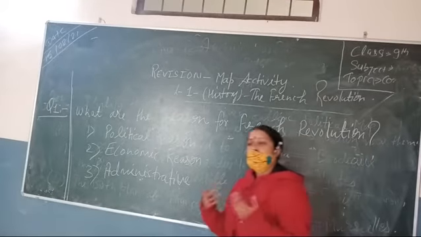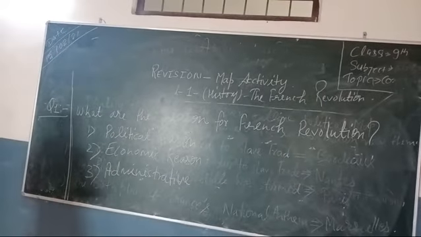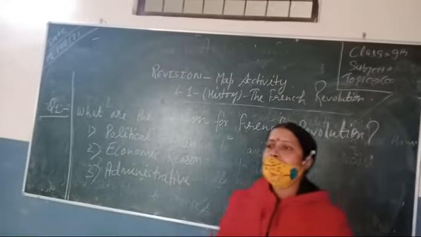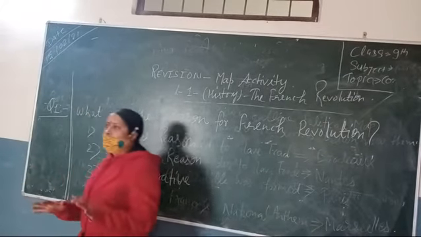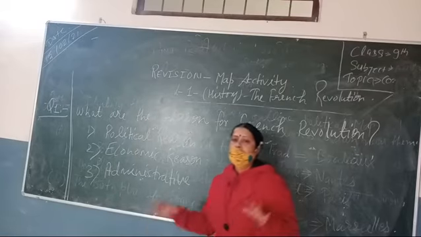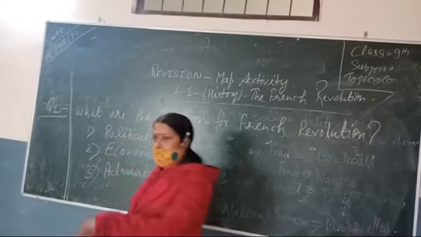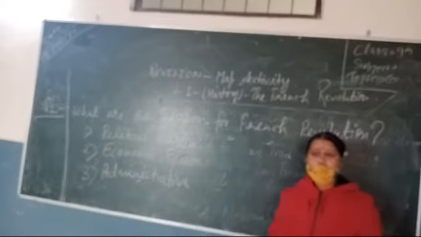King Louis XVI was the ruler of that time, and he was helpless to recover the money, and that's why he imposed, as an autocratic ruler, heavy taxes on which state people? Third Estate people, and this was done by him as a ruler.